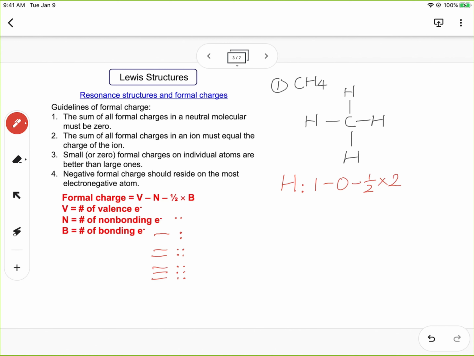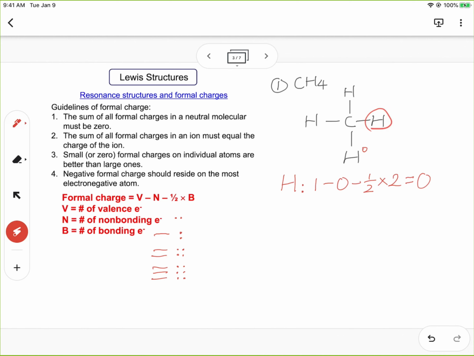Remember, when you talk about these V and B, you have to be specific. They are the numbers of electrons for a specific atom. Anyway, if you calculate the formal charge of hydrogen, it's going to be 0. Let me label the 0 on the first hydrogen.